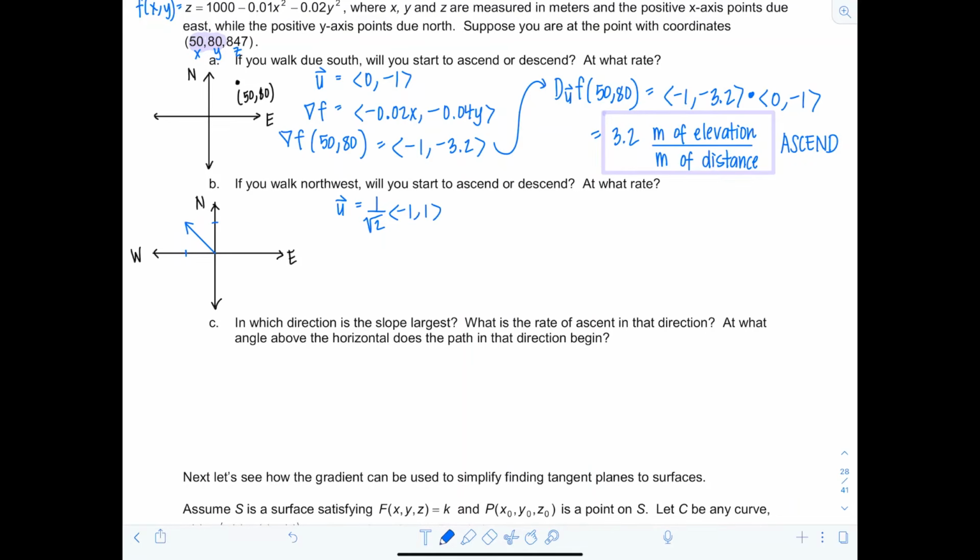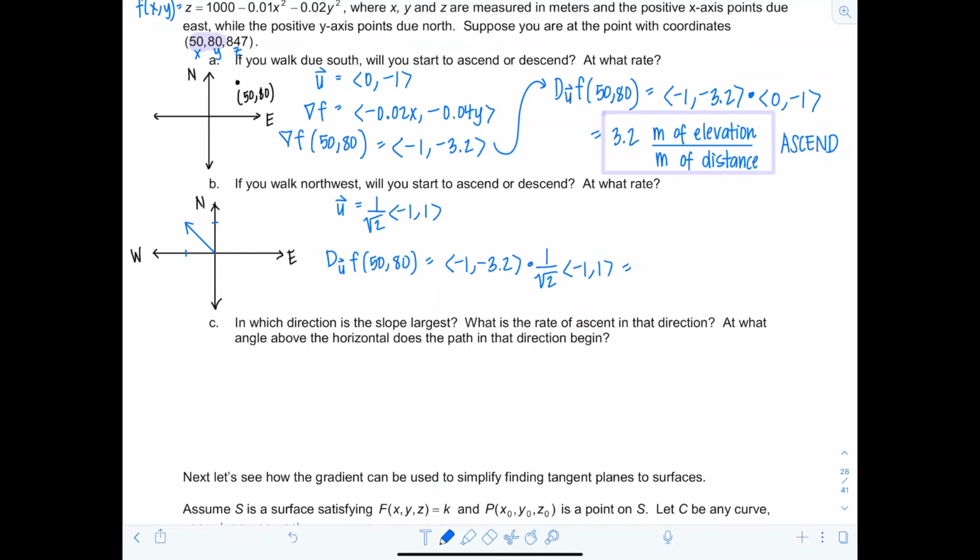And then I already have my gradient at P, so this directional derivative is going to be easy. We did all that extra work up above. So I'm going to take the dot product with the same gradient, (-1, -3.2), with this new direction u, 1 over root 2 times (-1, 1).